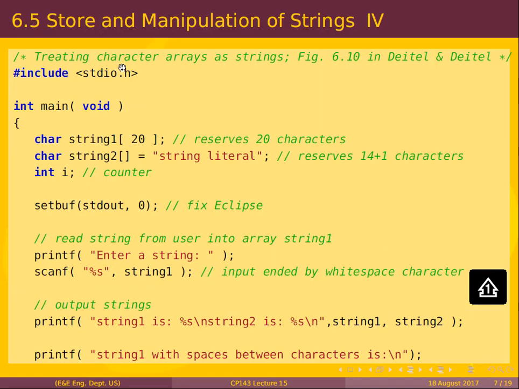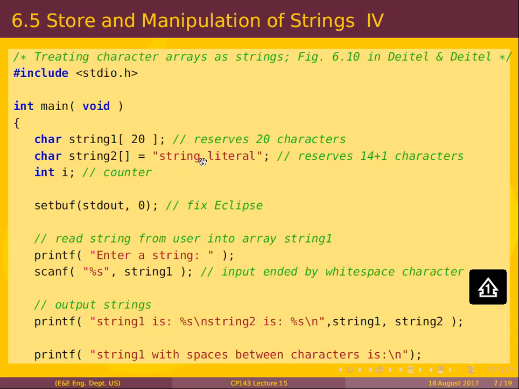So what we're going to do is start off our program, include stdio.h, and then start off our main. We've got 2 strings. The first string, string 1, has got 20 characters. Let's say that's the most characters that we're going to estimate on receiving from the user. And string 2, we're just going to initialize with a fixed value.